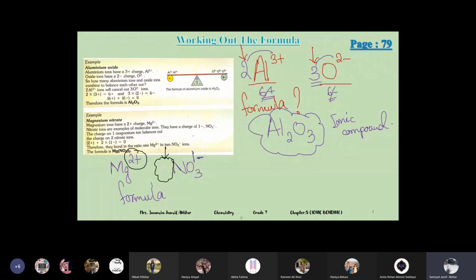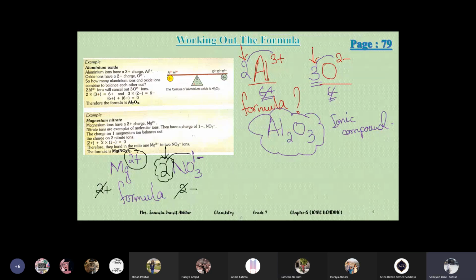We have to balance and make the charges equal. If magnesium is 2 plus, we have to make the nitrate also 2. Nitrate is 1 minus, so if we take 2 nitrates, this 2 will be multiplied by 1 and it will become 2 minus. So plus 2 of magnesium and 2 minus of nitrate will balance each other out.